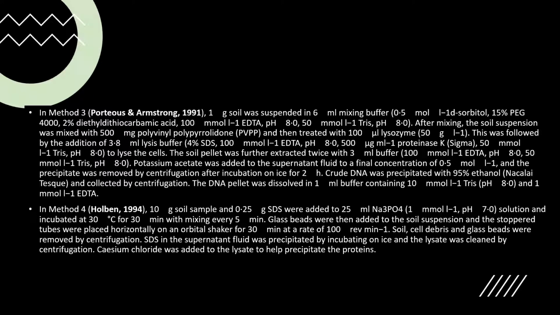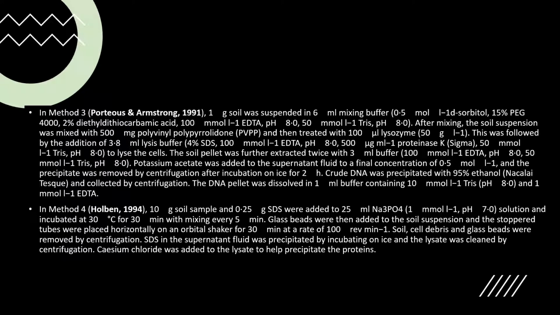In method 4, 10 gram soil sample and 0.25 gram SDS were added to 25 milliliter Na3PO4 solution and incubated at 30 degrees Celsius for 30 minutes with mixing every 5 minutes. Glass beads were then added to the soil suspension and the stoppered tubes were placed horizontally on an orbital shaker for 30 minutes at a rate of 100 revolutions per minute.